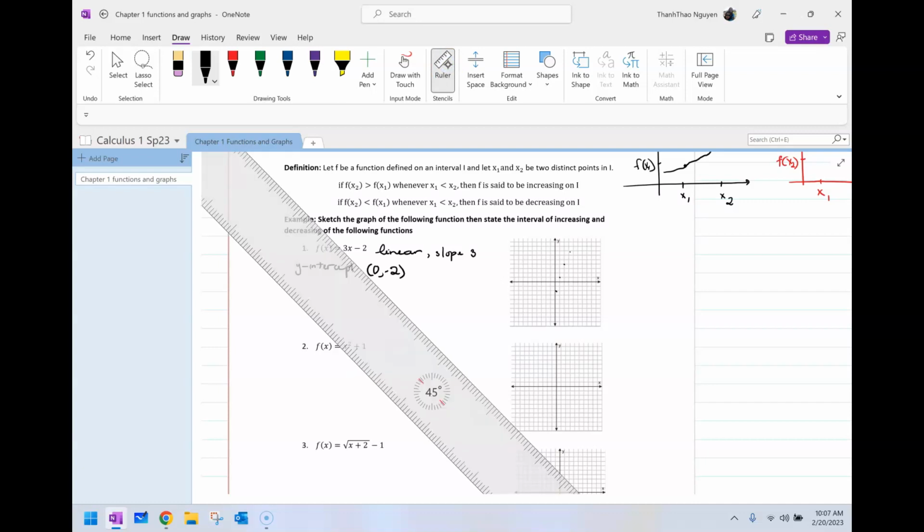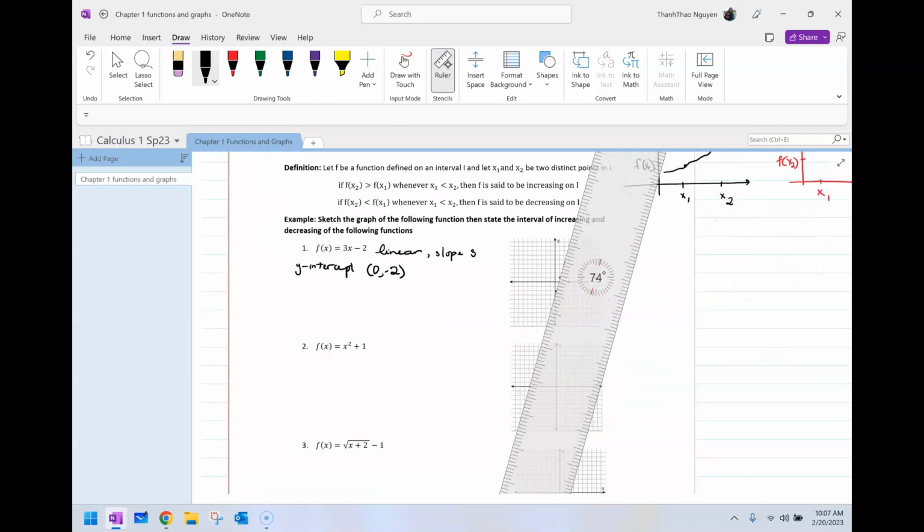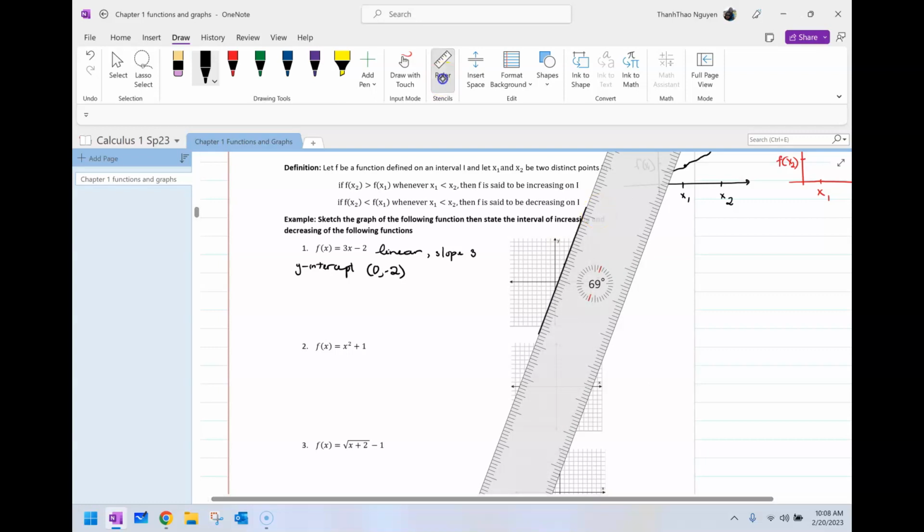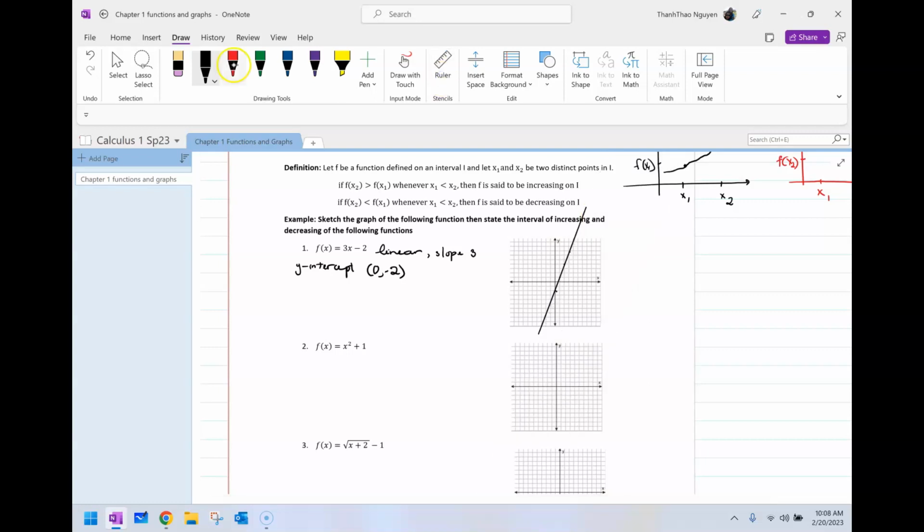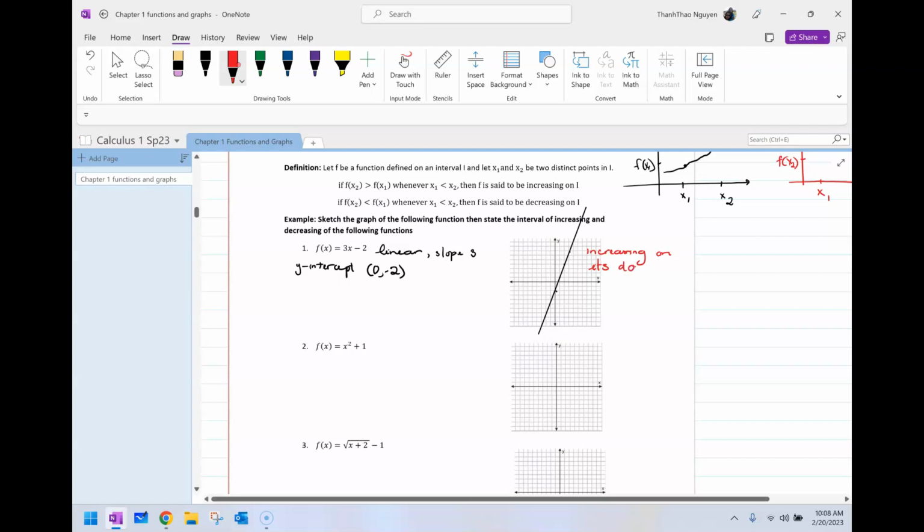Now we can connect this line, and we try to make it as accurate as possible. And here we can see we have an increasing function on its domain.